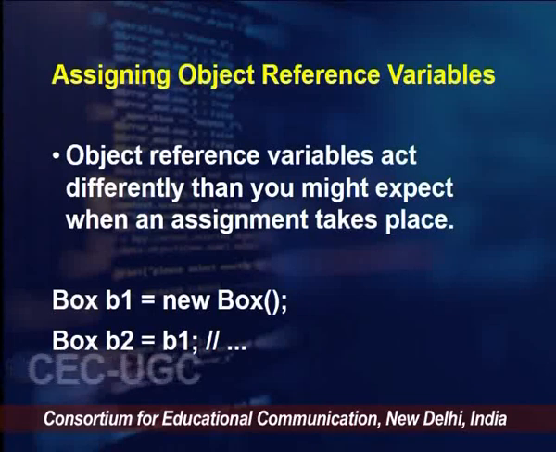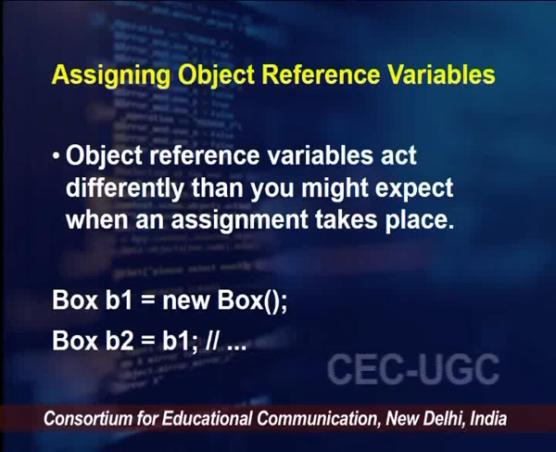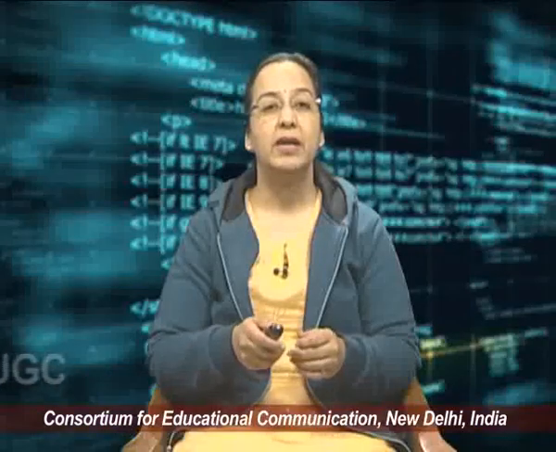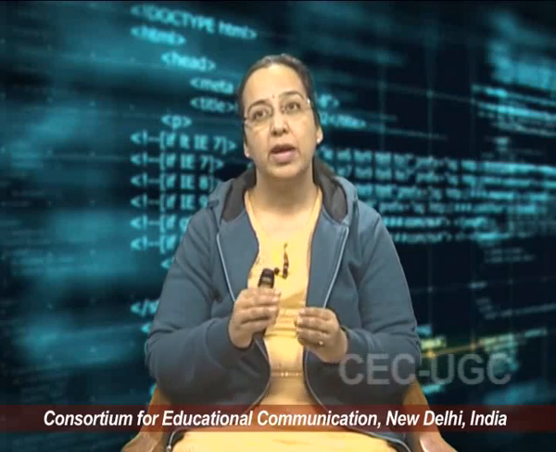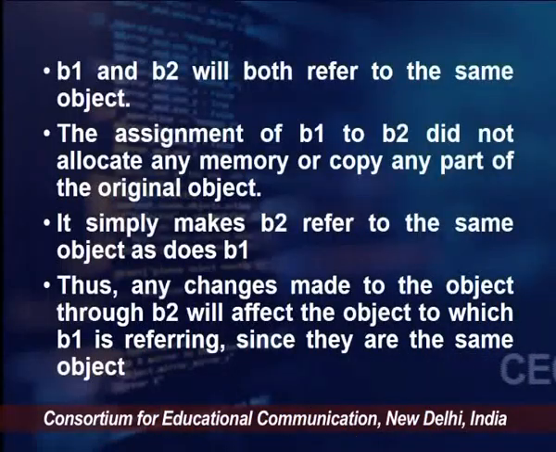So the statement we are going to write will be Box B2 = B1. What is going to happen using this statement? A new reference variable will be created. Please remember, no separate object will be created. It is just a matter of creation of a separate reference variable, and now B1 and B2 both will be referring to the same object.